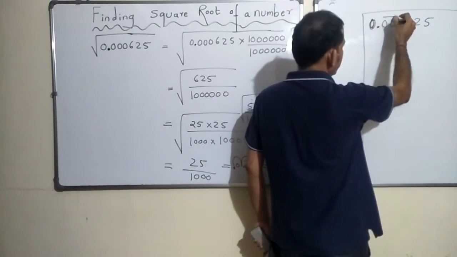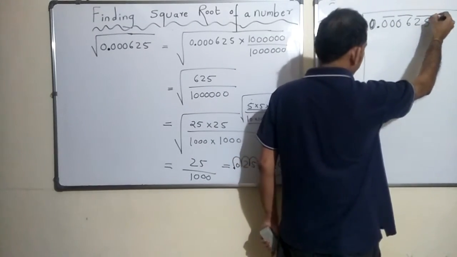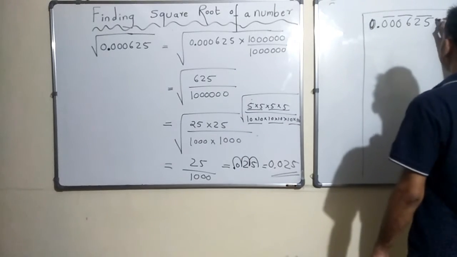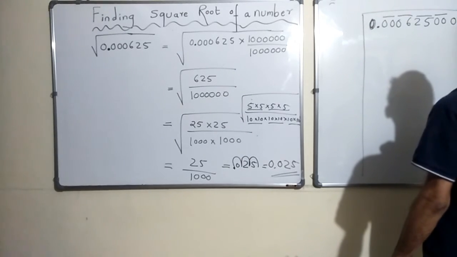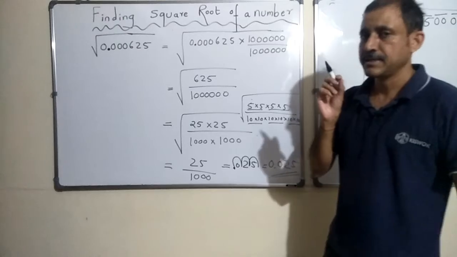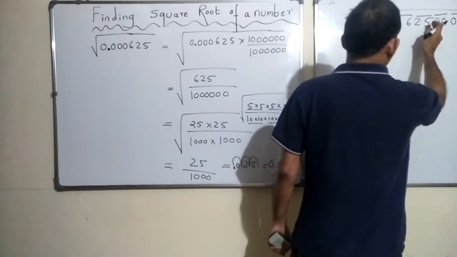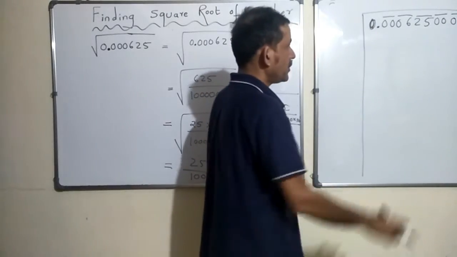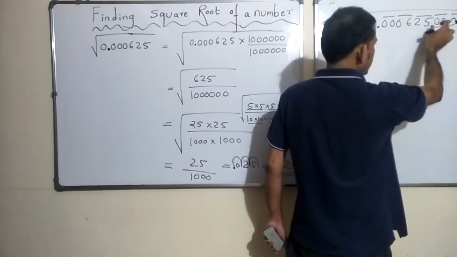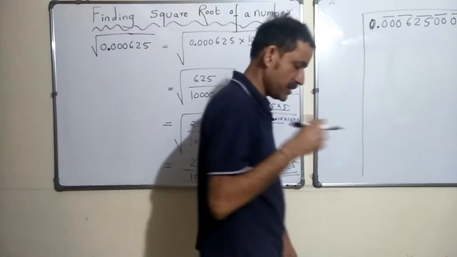Here I can group, here I can group, here I can group, right? I can add any number of zeros if needed, but since this is a perfect square, I am sure we won't need to look beyond this. We don't need to put additional zeros after 5. Okay, so now we start with our exercise.